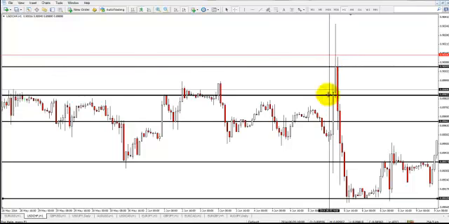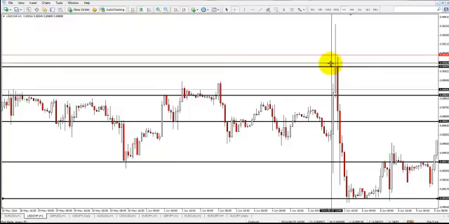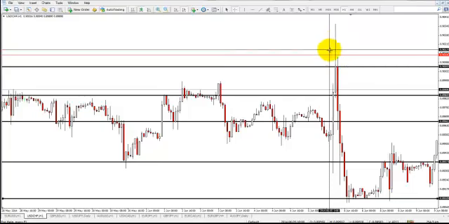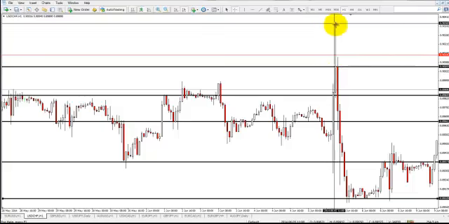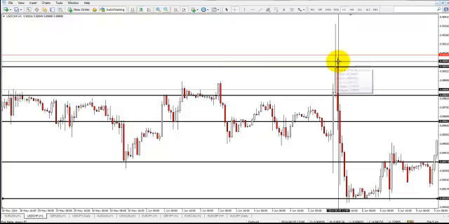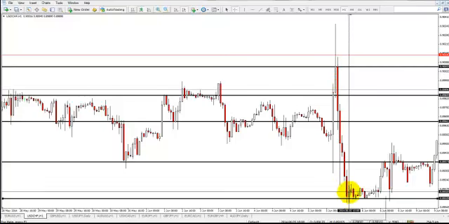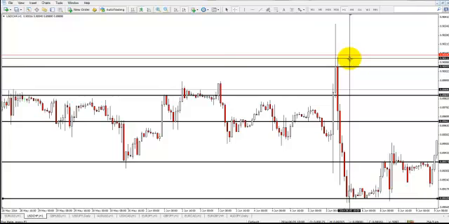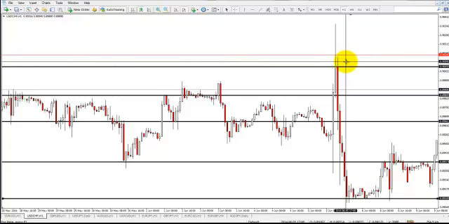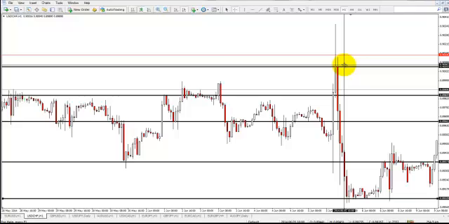Now this pattern itself would probably be a little tougher to trade personally, but if you saw a big tail like this, you may consider that it's rejecting a certain price, and then you can see how it just trades back down to a certain level. So in this scenario you just have to put yourself in check and say, you know what, I'm going to be either extremely cautious or very conservative in my trade.